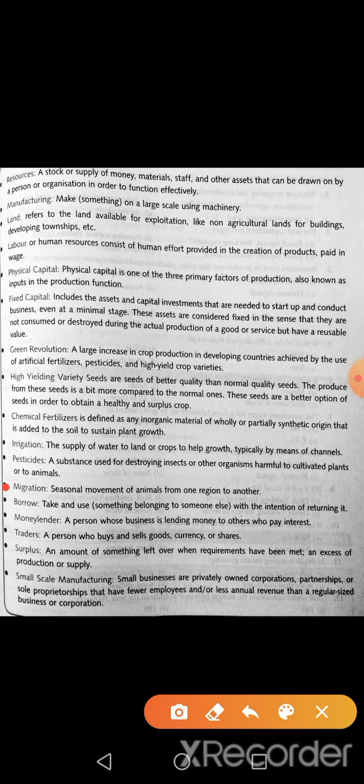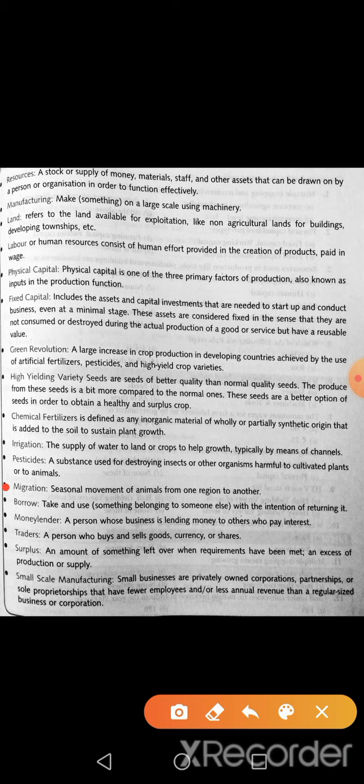Next one, migration. Seasonal movement of animals from one region to another is known as migration. Not only animals but also human beings migrate from one area to another. Just like in the current situation, the laborers were moving from one state to another, and that is known as migration.